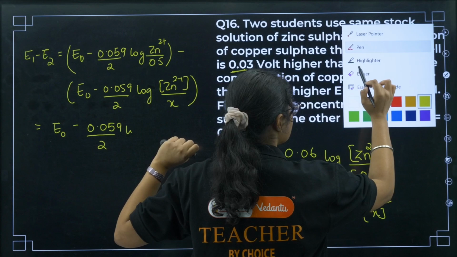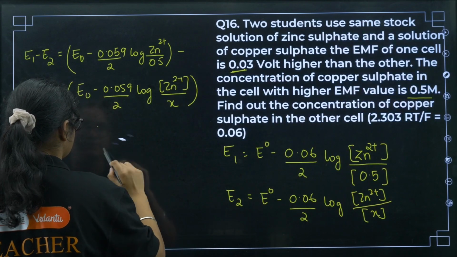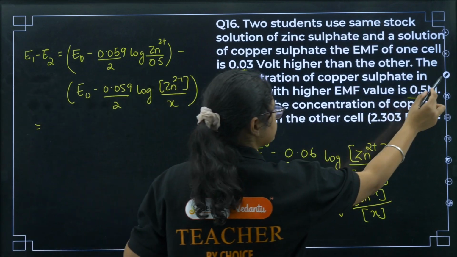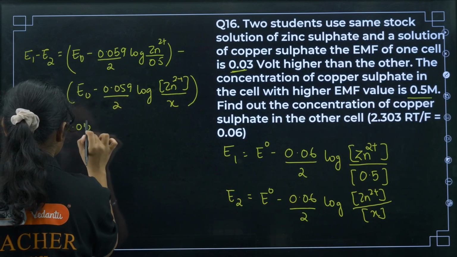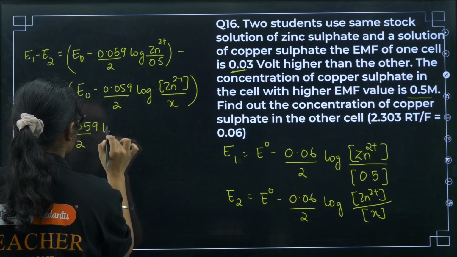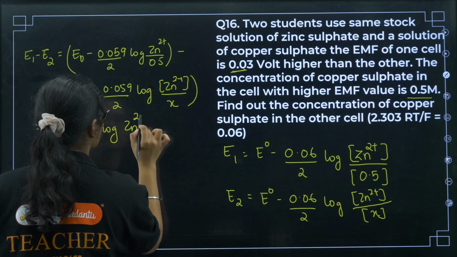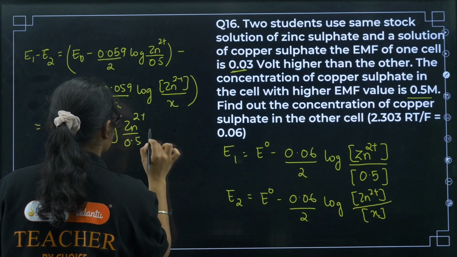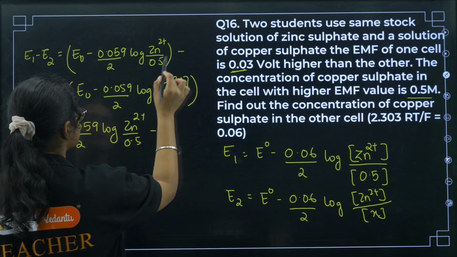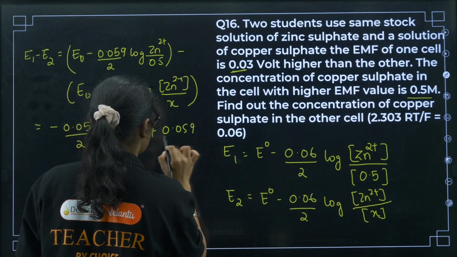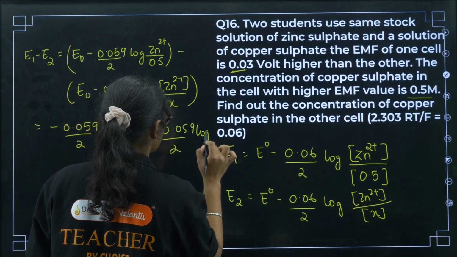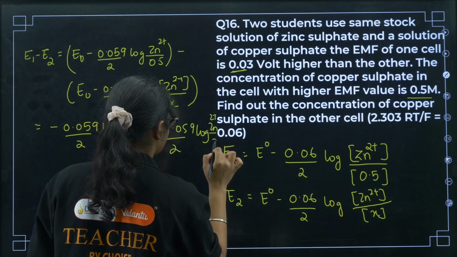So I am not writing that. I will write only the values that will remain. So here it will be minus 0.059 by 2 log Zn2 plus by 0.5, minus, this minus will become plus 0.059 by 2 log of Zn2 plus by x.